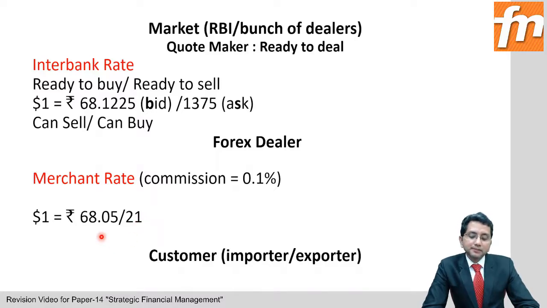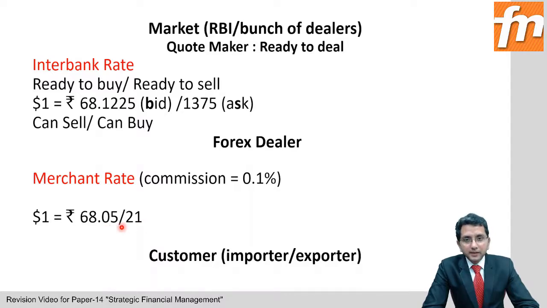But now look here. The difference between bid and ask rate is named as bid ask spread. Here the bid ask spread is a smaller number, 0.1375 minus 0.1225. But the bid ask spread of the merchant rate is 0.16, 16 paisa.